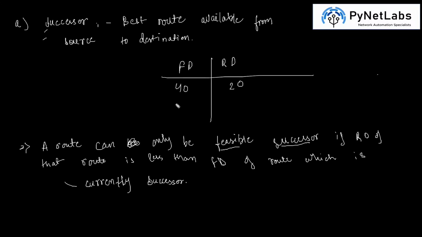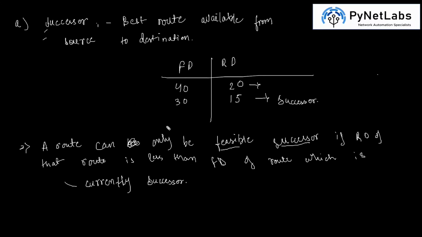Then we have another route as, let's take, 30 and 15. So this route is going to be successor, right? I want you guys to check whether the other route, which is this route, meets the condition of being feasible successor or not.